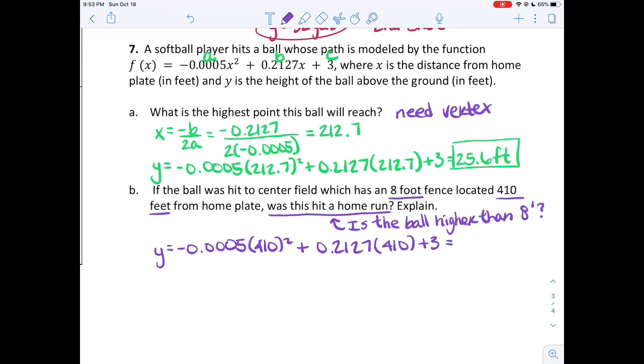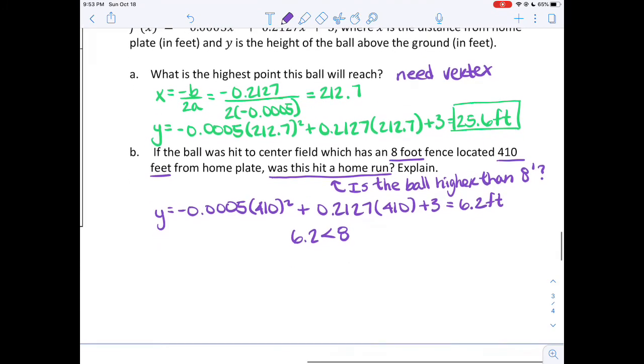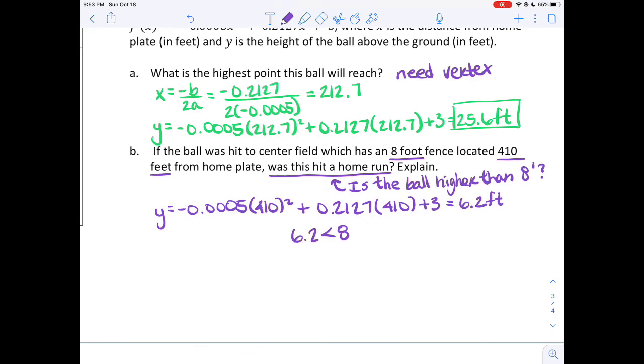Putting that all into our calculator, I come up with a value of 6.2 feet. 6.2 feet is lower than the 8-foot fence, so 6.2 is less than 8. This means that we did not have a home run because the ball doesn't fly above 8 feet. So no, it's not higher than 8 feet. So no home run.